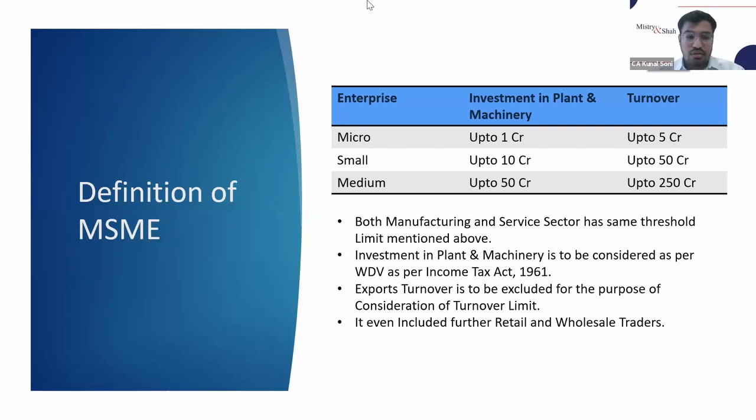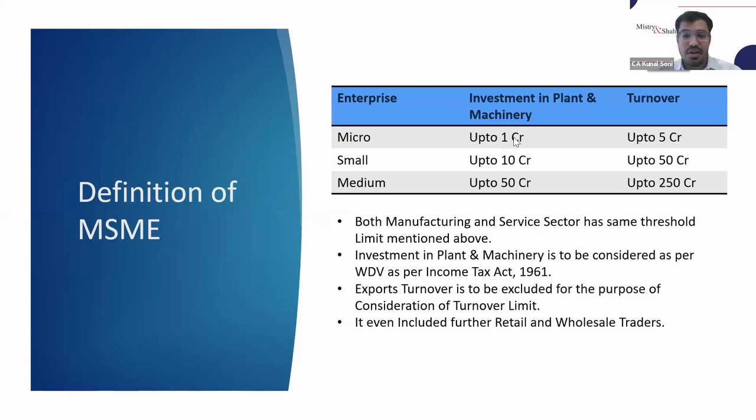There is a question: what if I fall in a different block with respect to the investment in plant and machinery and turnover? See, this is not an or condition, it is an and condition. So when discussing about the micro enterprises, both the criteria should be satisfied.